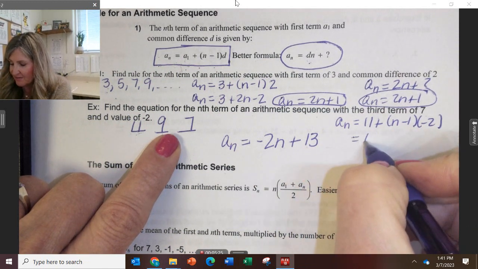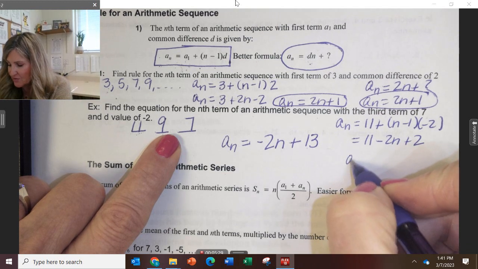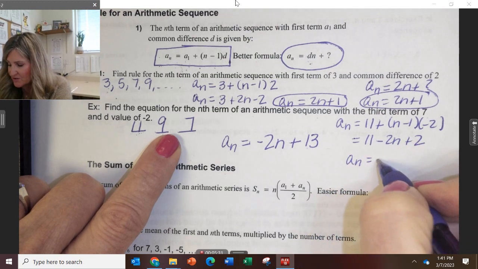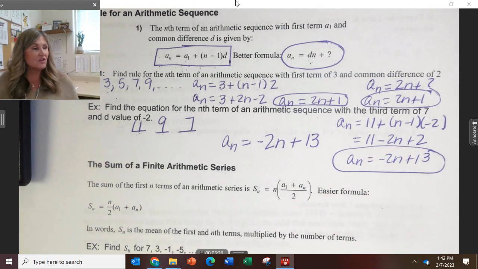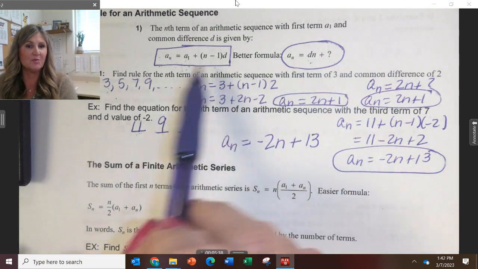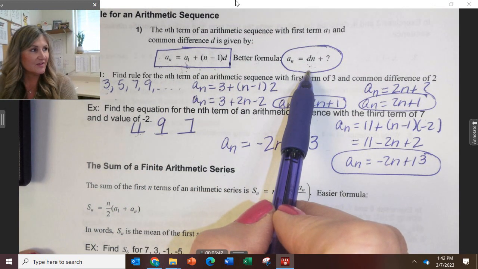I would then get 11 minus 2n plus 2, which is a sub n equals negative 2n plus 13. So you have to make a decision whether you prefer this formula or this formula. Okay?